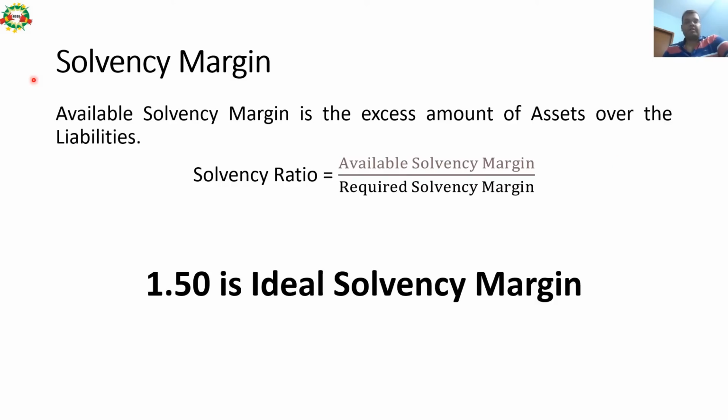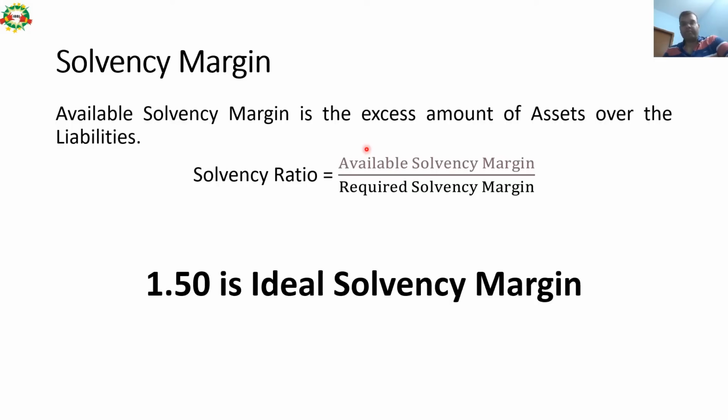Next terminology, solvency margin. Available solvency margin is the excess amount of assets over liability. So this is the simple formula for solvency ratio, which is available solvency margin divided by required solvency margin. Available solvency margin is equal to excess of assets over liability, assets minus liabilities.